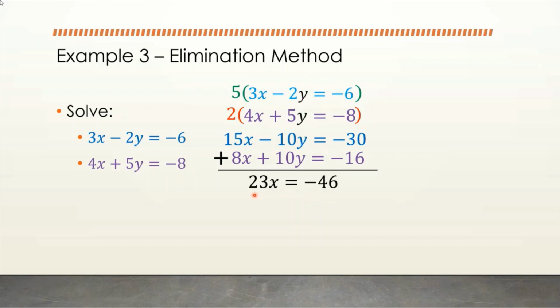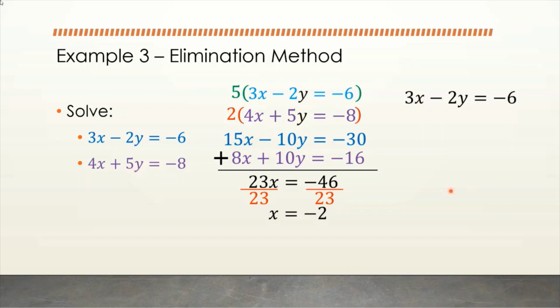Then what you want to do is just solve for x. You just divide off the 23. So I divide both sides by 23, and I get x equals negative 2. Now I still have to find what y is, so I'm going to take one of these equations.